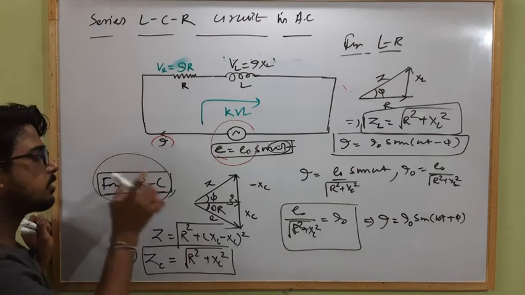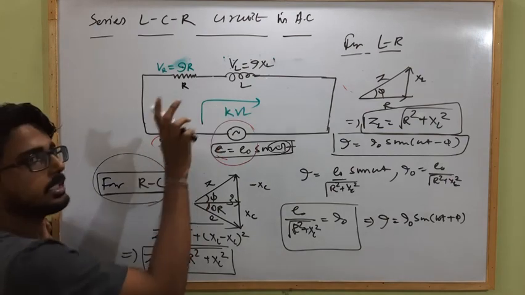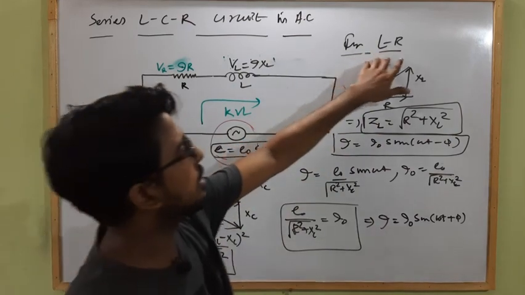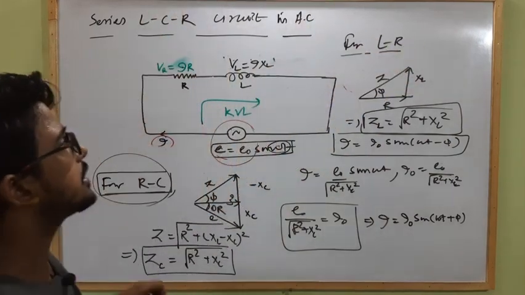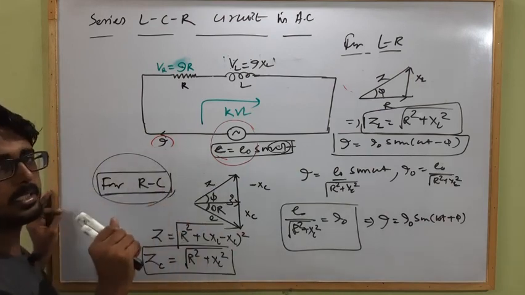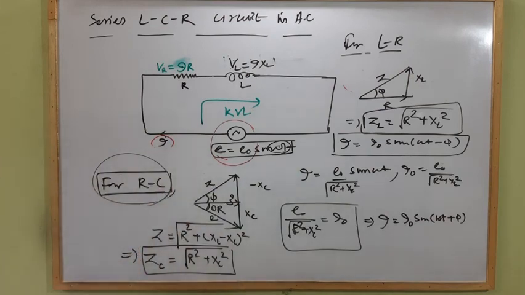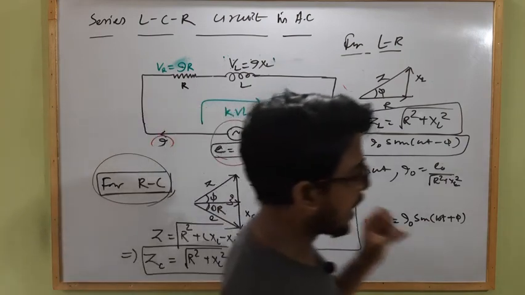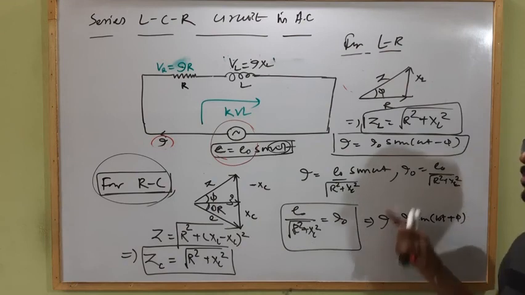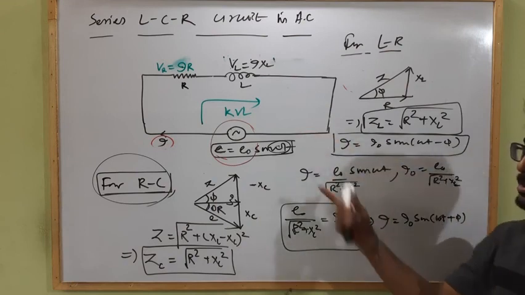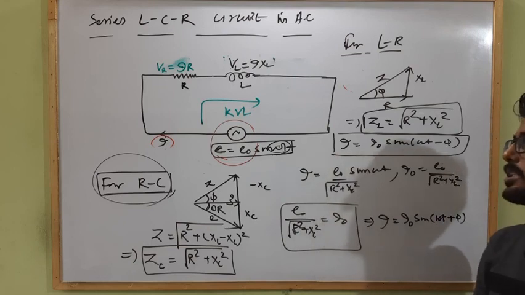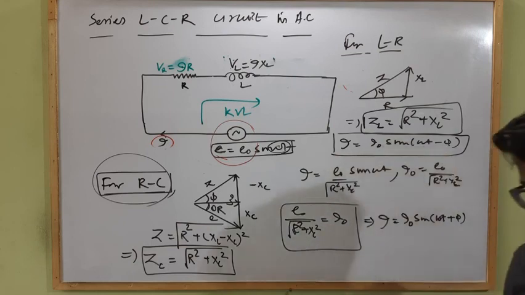In place of the RC circuit, you have to put the value of XL equal to 0 or VL equal to 0, and in place of the LR circuit, you have to put the value of XC or VC equal to 0 for calculation of impedance and net current. Clear? So this is all about the series LCR circuit, RL circuit and RC circuit. How to calculate the different factors, what is the resonance, when electrical resonance takes place. We already discussed all these things. Clear? Okay, thank you.